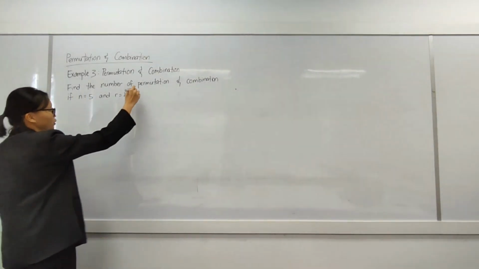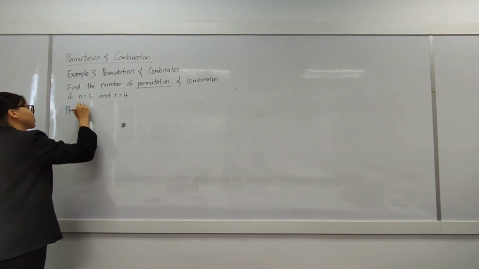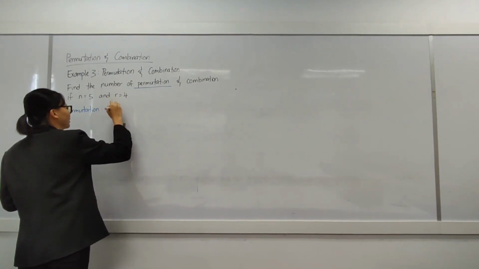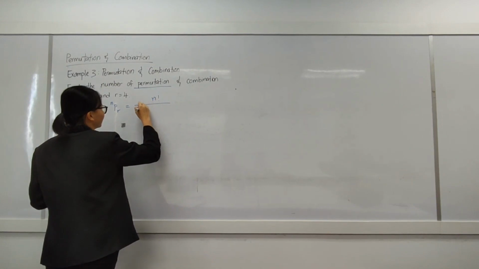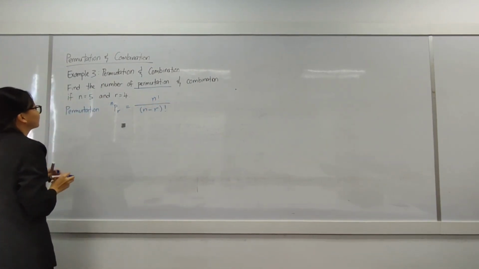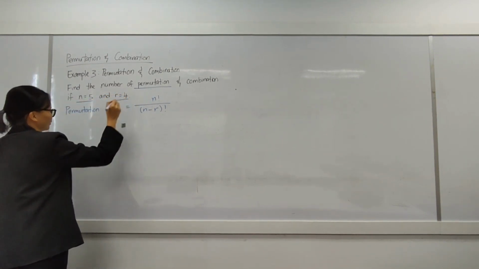So we'll do permutation first. So permutation, the formula is nPr equals n factorial over (n minus r) factorial. So we know here n equals 5 and r equals 4.